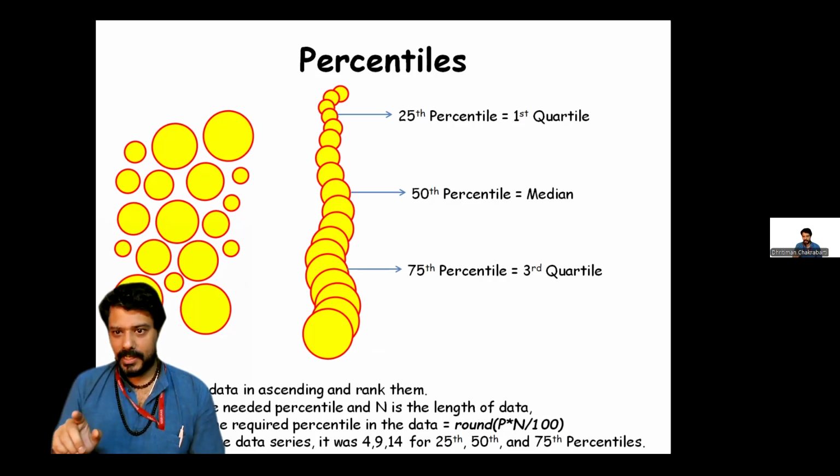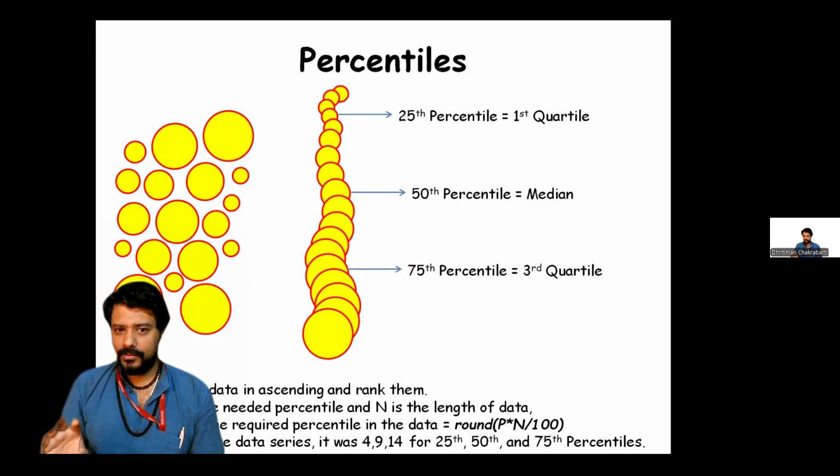Similarly, for first quartile, which is like 25th percentile, 25% of the values in the data series are lesser than the first quartile. Similarly, for 75th percentile, 75% of the data have values lesser than whatever number represents the third quartile or 75th percentile. Okay. Now, how do we go about calculating? I think this much interpretation of the percentiles and quartiles and median makes sense right now.